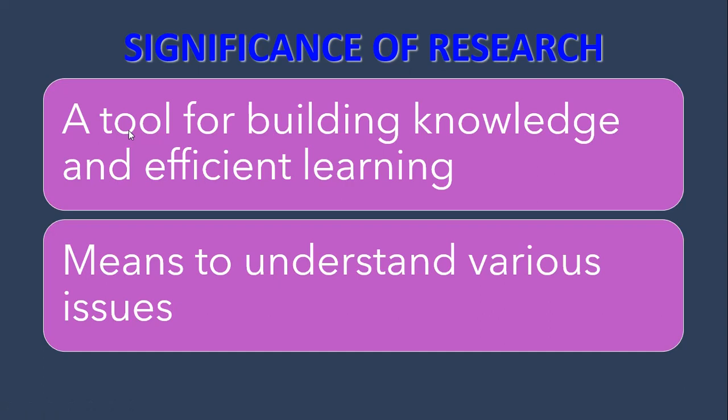When we speak of significance, we are talking about the importance. Number one is that it is a tool for building knowledge and efficient learning. When you do research, you contribute to the pool of knowledge, and this knowledge will be utilized by many.